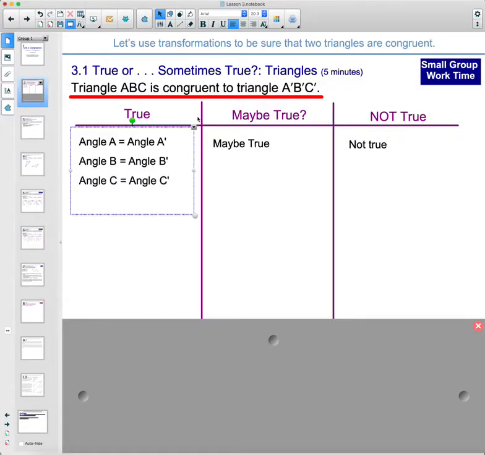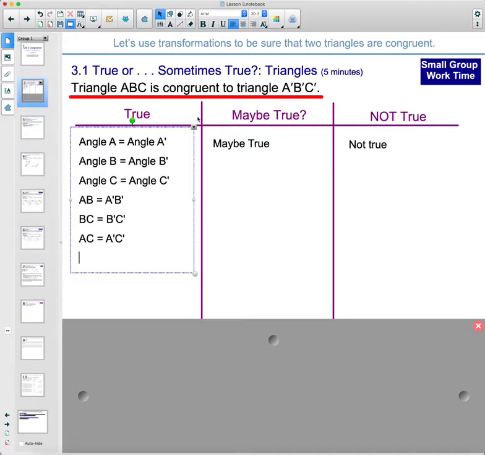We would also know that the sides are congruent, the segment images are congruent. So AB is congruent to A prime B prime, BC is equal to B prime C prime, and AC is equal to A prime C prime as well. So you could get all of those things listed out of the corresponding parts.